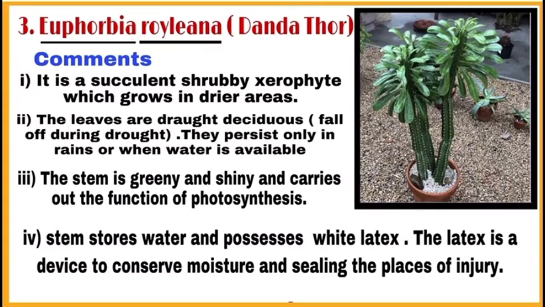In this plant also, the stem is green and shiny and carries out the function of photosynthesis. Also, stem stores water and possesses white latex. The latex is a device to conserve moisture and also helps in sealing the places of injury.